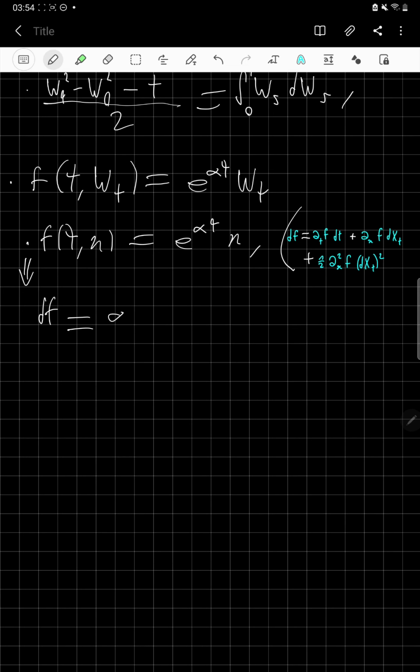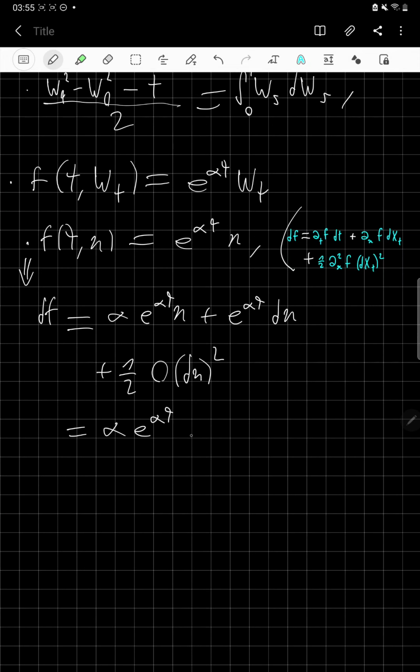When we take the derivative of the exponential, alpha e to the alpha t x dt plus e to the alpha t dx, plus one half of the second derivative, which is going to be 0 times dx squared, pretty trivial.